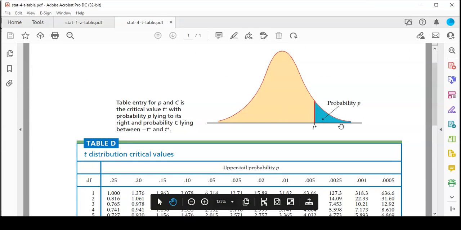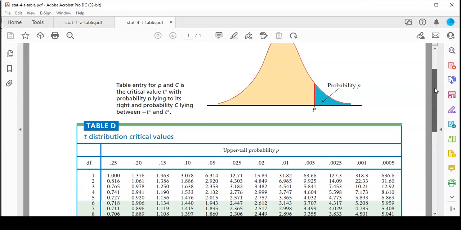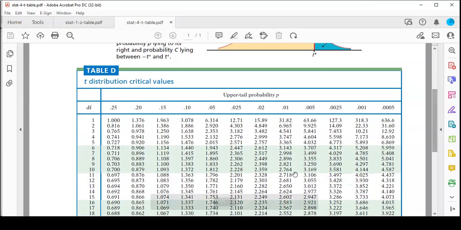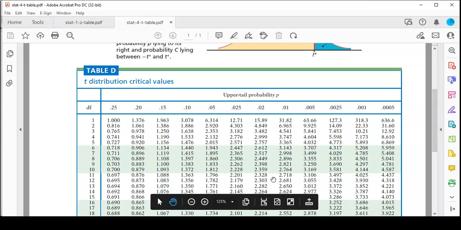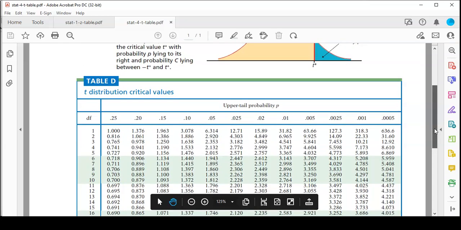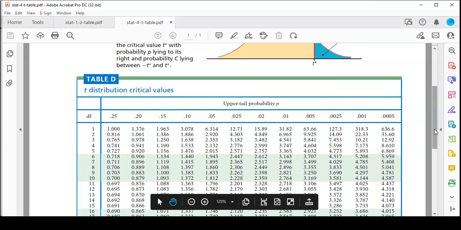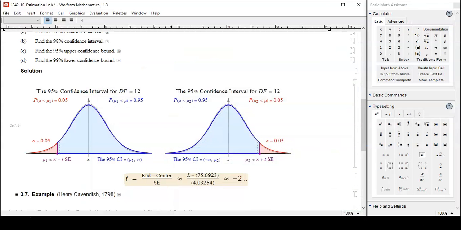So 99% here, 1% there. I have to go to the 1% column for degree of freedom of 12. 2.681. Do you see it? It's in the 12 row, excuse me, and the 0.01 column. 2.681. That's what I'm going to use.